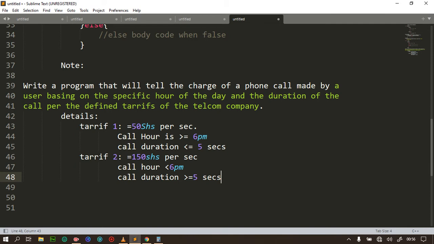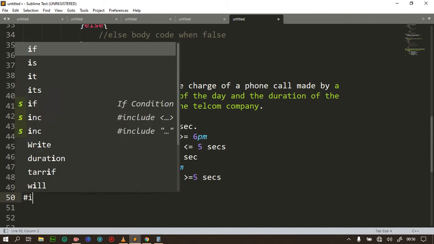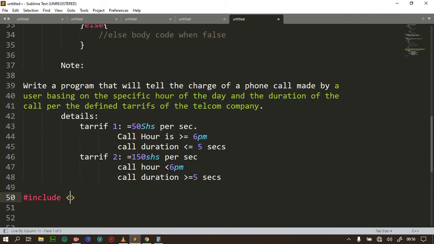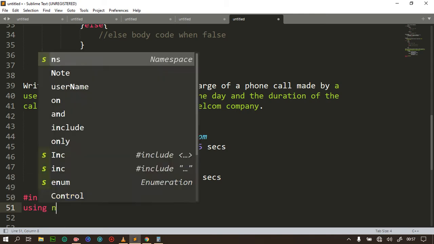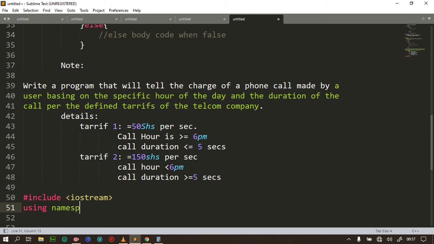So based on that, I think I'll write my program here. I'll say hash include iostream, and of course using namespace standard, definitely.